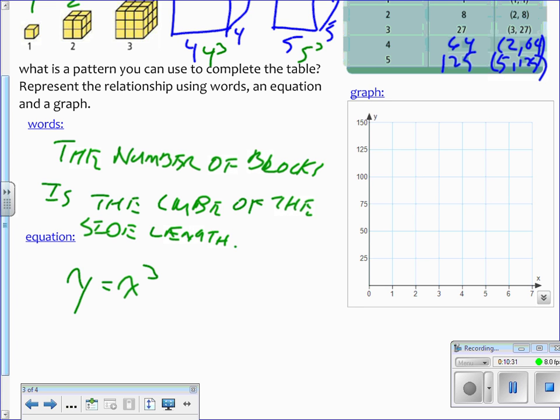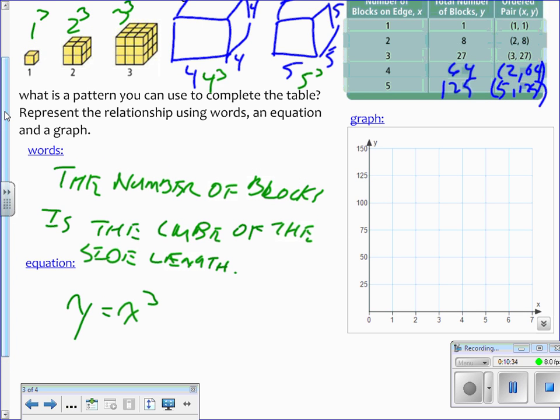And then for the graph, plot the points. 1, 1; 2, 8; 3, 27; 4, 64; 5, 125. And 6 is way, way up there because it's 216.